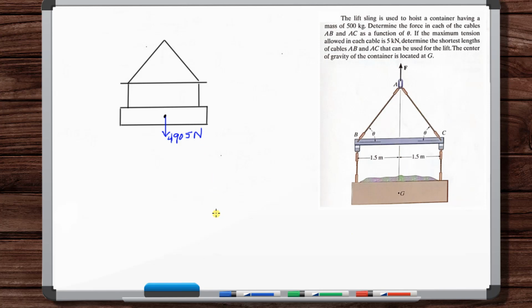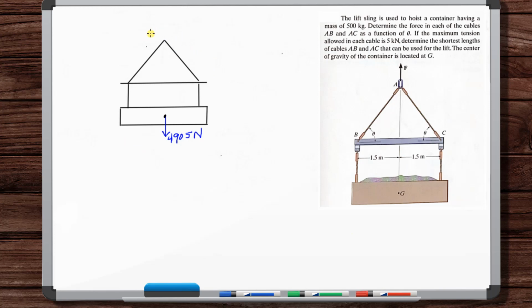And we're saying that these cables have negligible mass or weight, and this lift beam is also negligible too, though you might think it wouldn't be. But according to the way the problem is stated, the only mass that is relevant is the mass of this container.